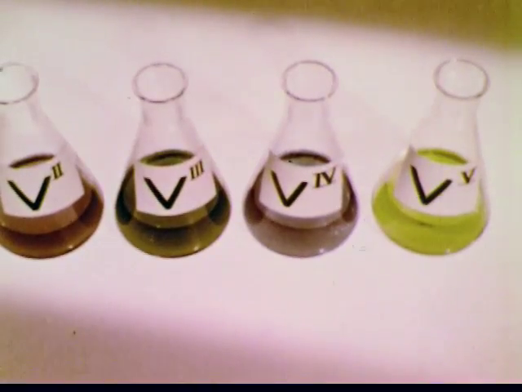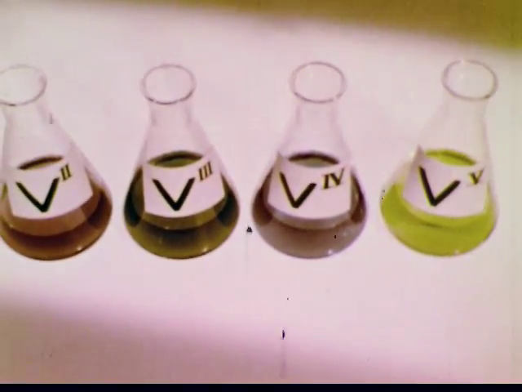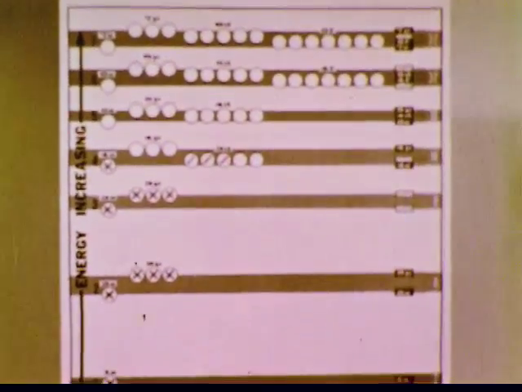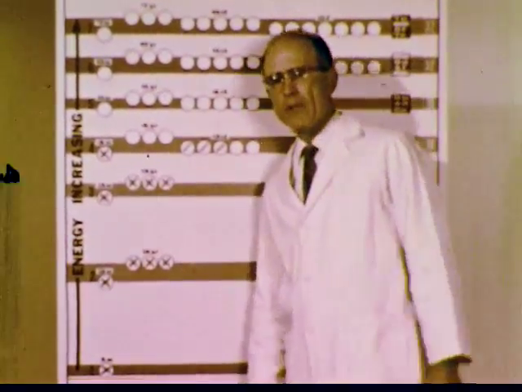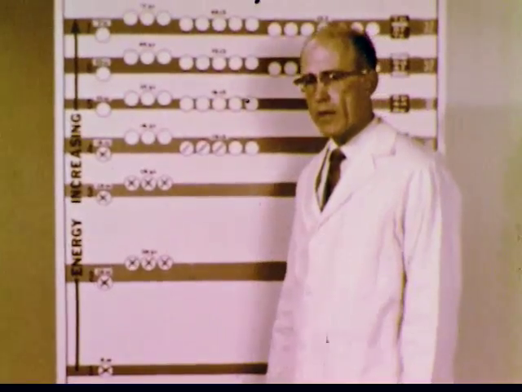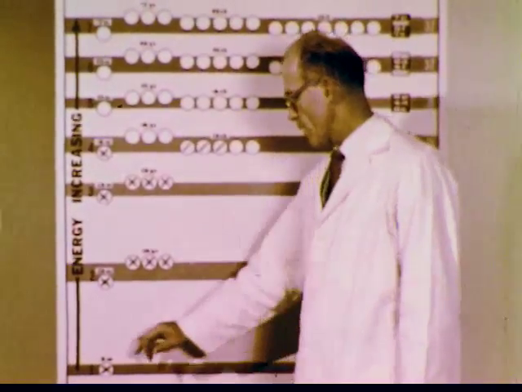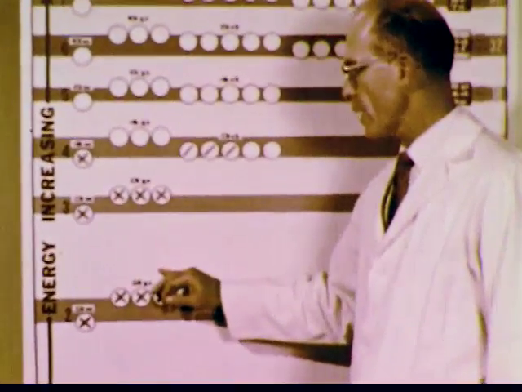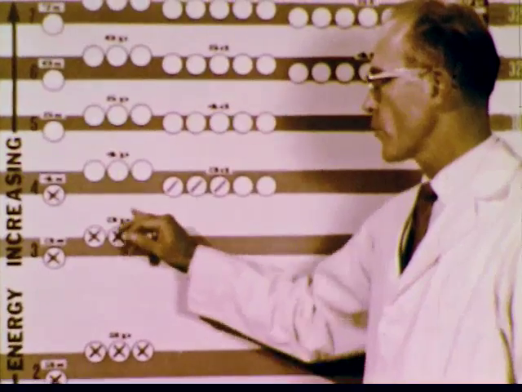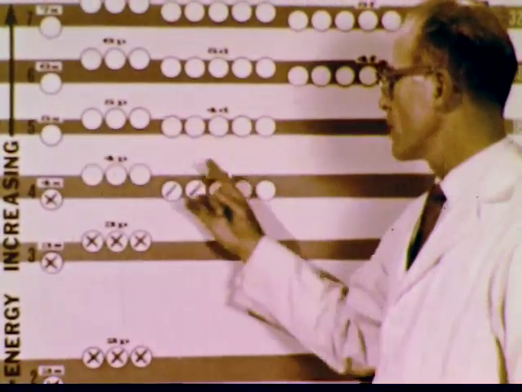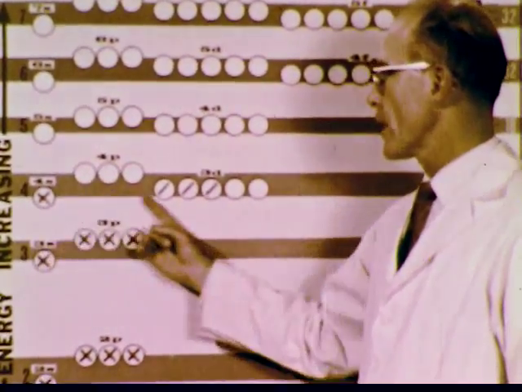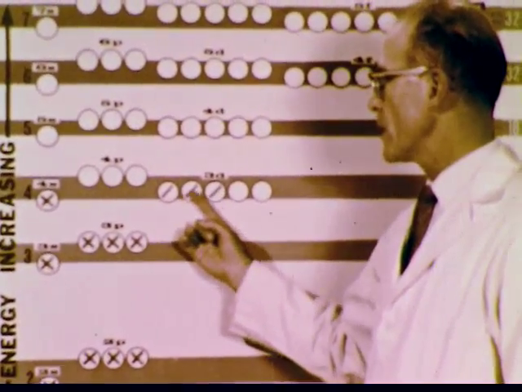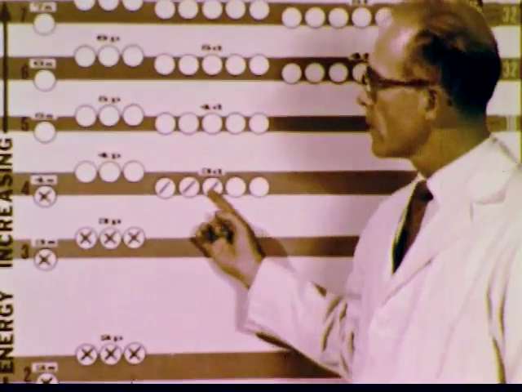Now let's see if we can associate the vanadium oxidation states we have observed with the possible electron structures. The element vanadium in the free state has 23 electrons. These electrons are distributed 2 in the 1s, a total of 8 in the second, a total of 8 in the 3s and 3p, 2 electrons in the 4s, and 3 electrons individually distributed in the 3d orbitals.